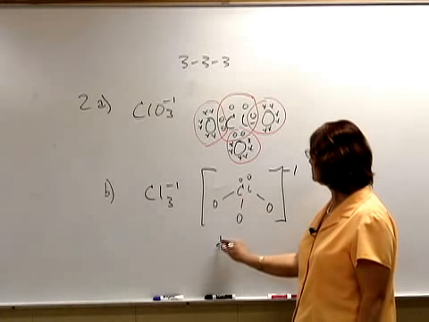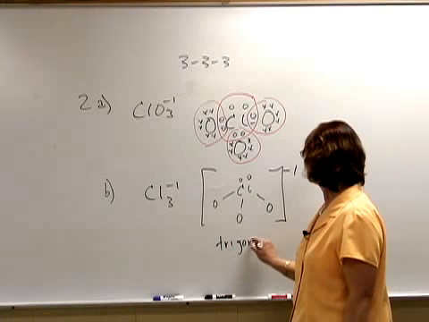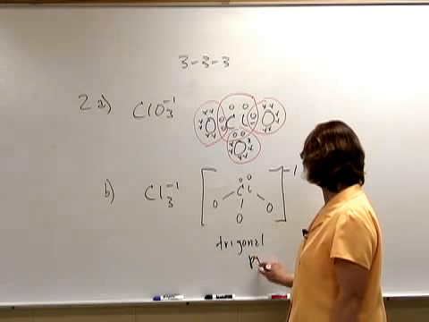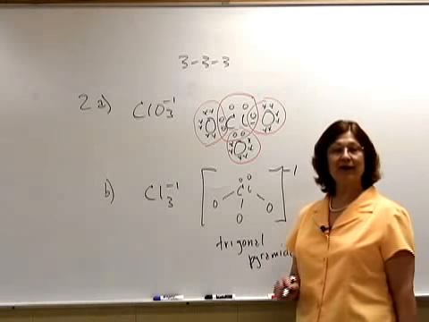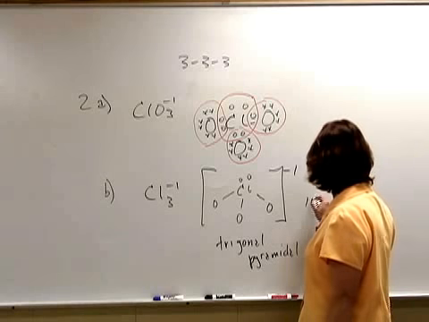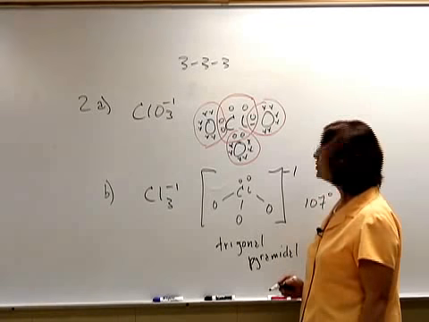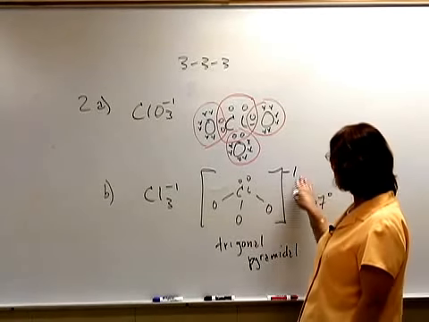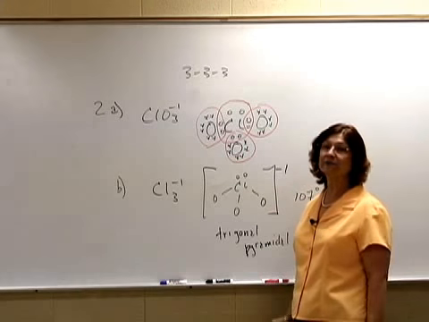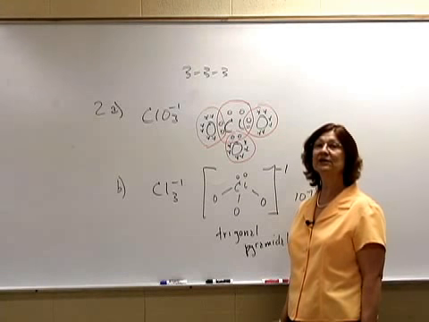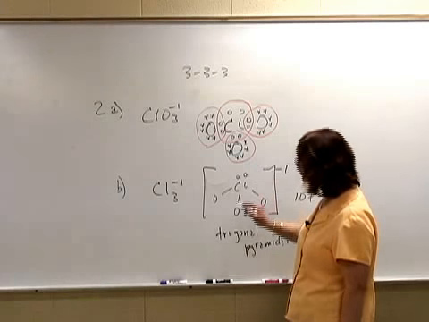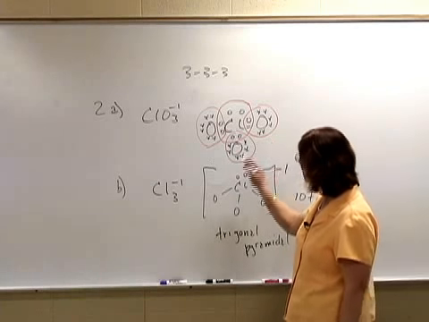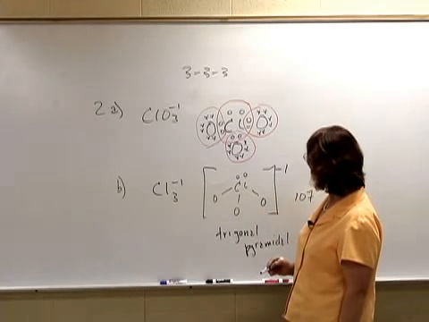This is a trigonal pyramidal, and the angle is 107 degrees. Trigonal pyramidal. And anything that is charged is always polar. Anything charged is always polar. And also it's polar because we have this lone pair, which is very negative on that side of the molecule.